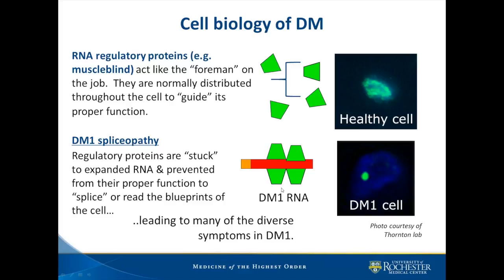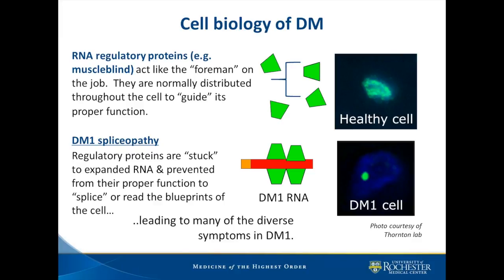So the regulatory proteins are stuck to this RNA, which is abnormally expanded, and it prevents them from doing their particular assignment, their role as a foreman on the job. They're unable to read the blueprint and do the things that they're supposed to.